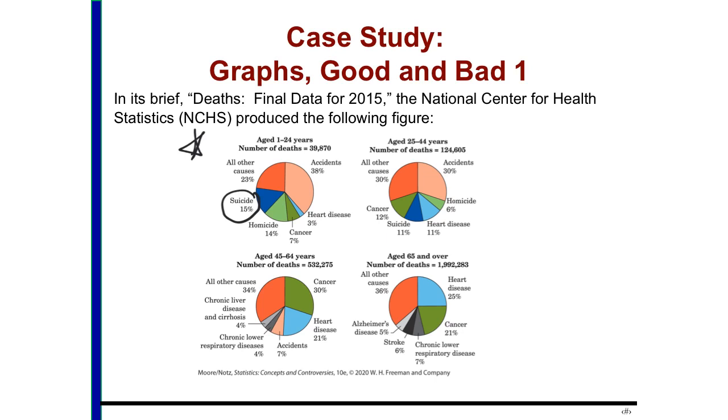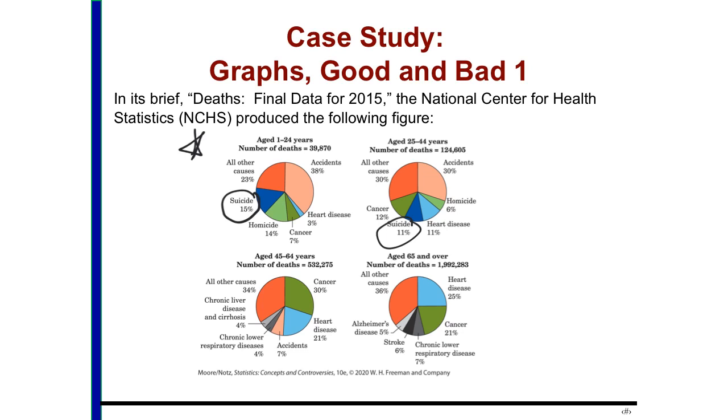So 25 to 44, in chart 2, you see that's 11%. 45 to 64, I don't even see it on there. And I don't even see it on the 65 and over. So it's just for those younger ages that suicide is even on the pie chart.